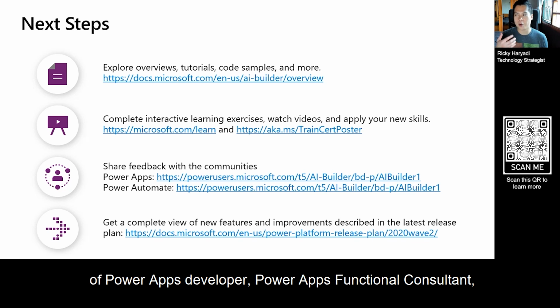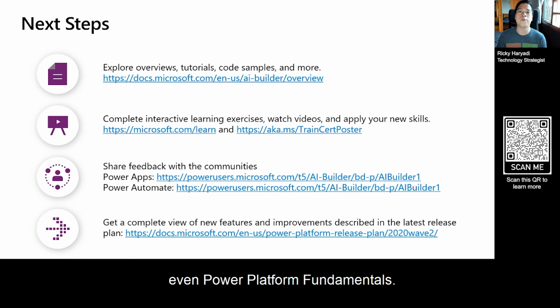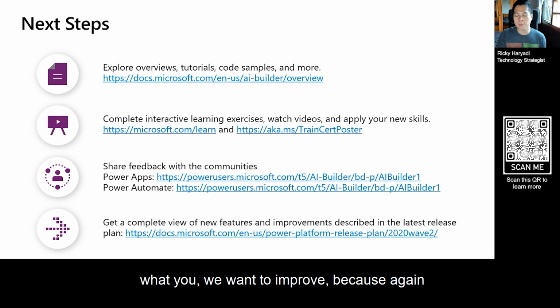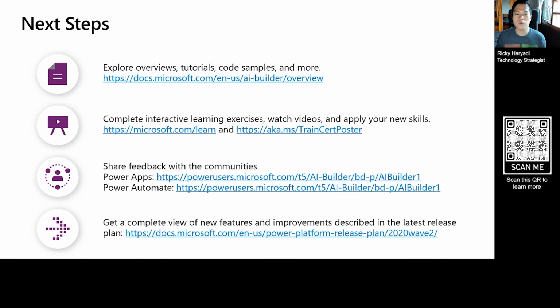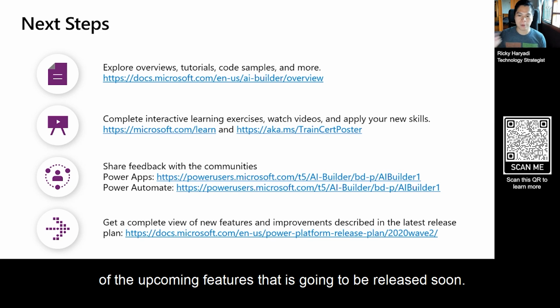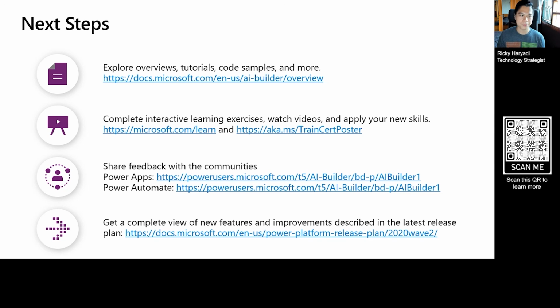Power Apps already has a Power Apps developer, Power Apps functional consultant, even Power Platform fundamentals. And join our community and share feedback about AI Builder, what you want to improve, because again, this product is actively evolving into more and more services, and get the complete view of the upcoming features that are going to be released soon, or just released.